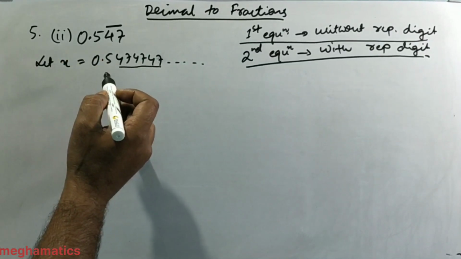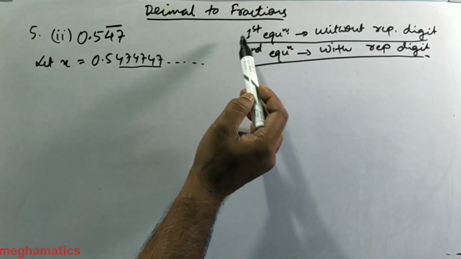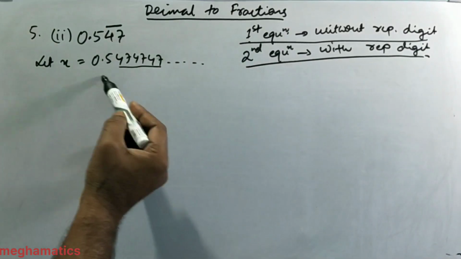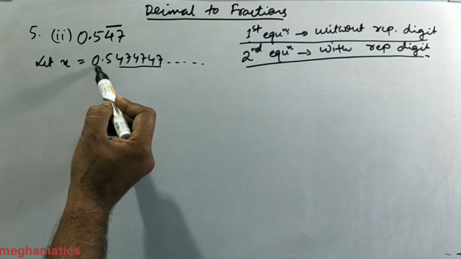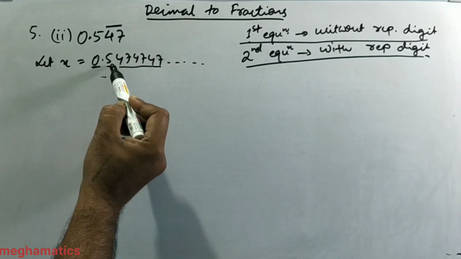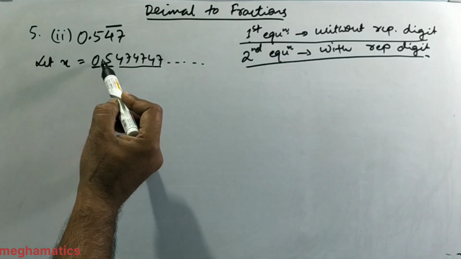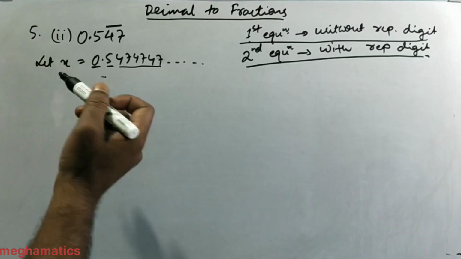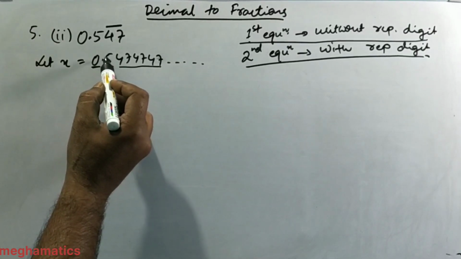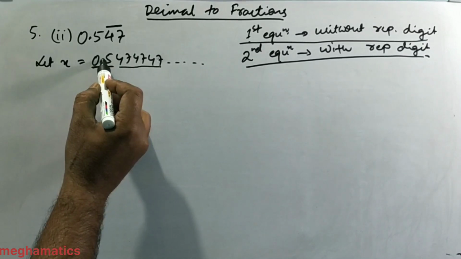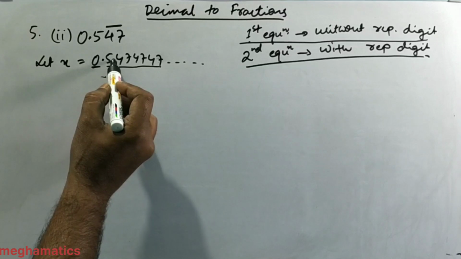Now in the first equation, before the decimal there is 0, and after the decimal there is a digit which is not repeating, so that will move to the left side of the point. If we move this 5 to the left side of the point, that means the point will move from left to right.